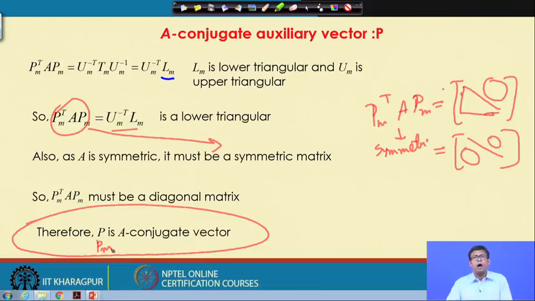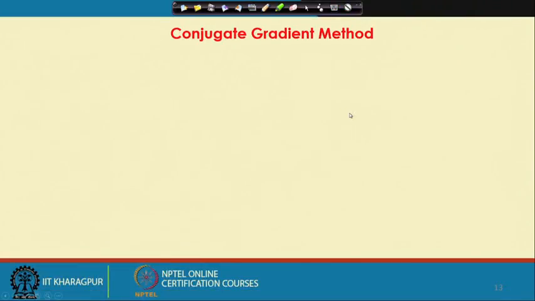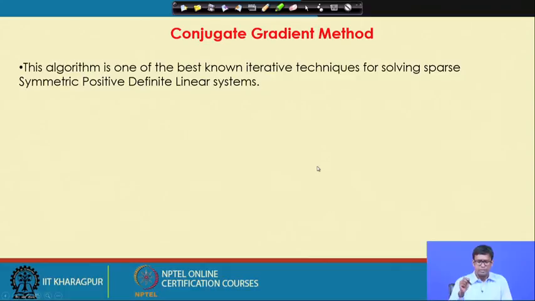So now, how can we utilize this for deriving a new solution algorithm? This is called the conjugate gradient method. The algorithm is one of the best known iterative techniques for solving sparse symmetric positive definite linear systems.